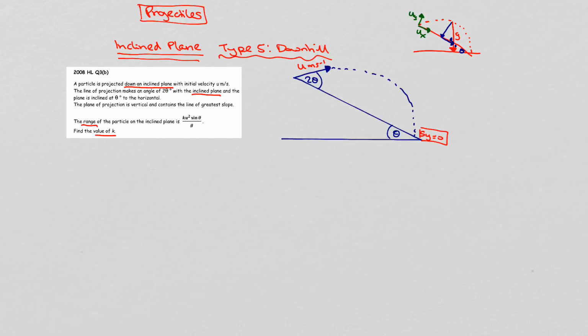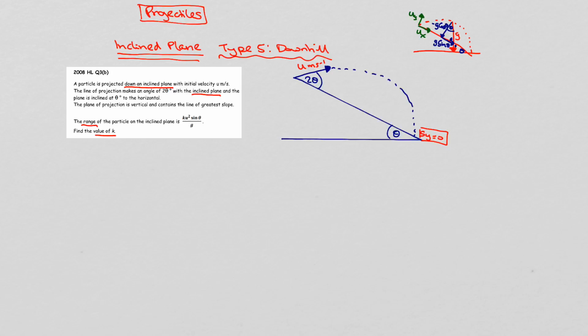Well, what you can see is that gravity in the y direction is in the opposite direction. So therefore that's going to be minus g, and that's theta. So minus g cos theta. But it's in the same direction as u in the x direction, so it's actually going to be positive this time for the x direction for gravity.